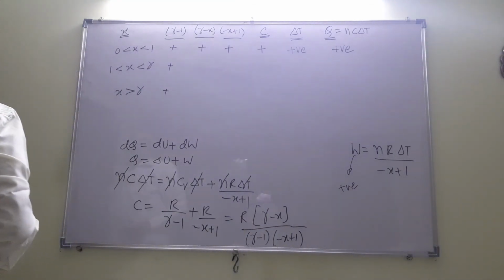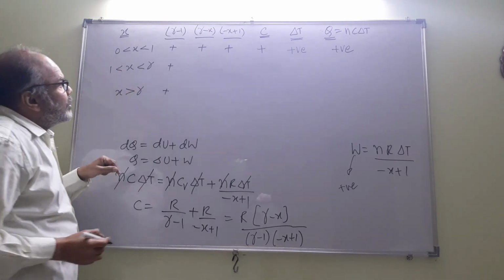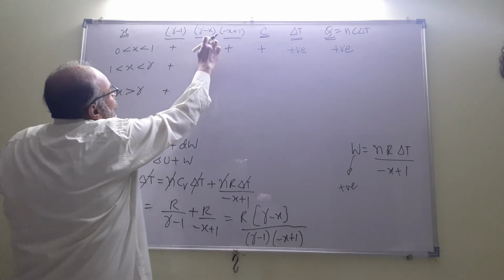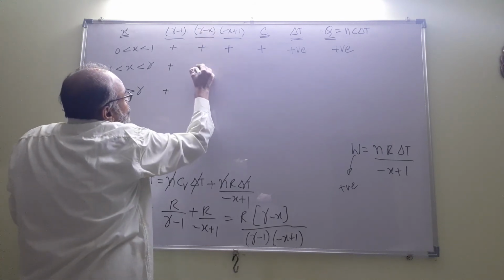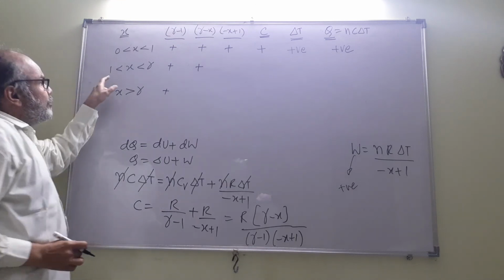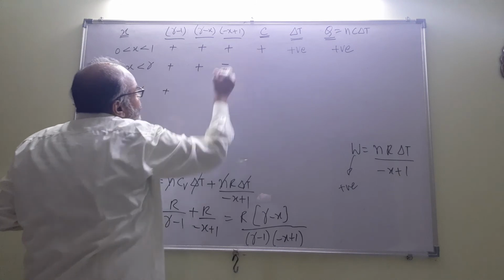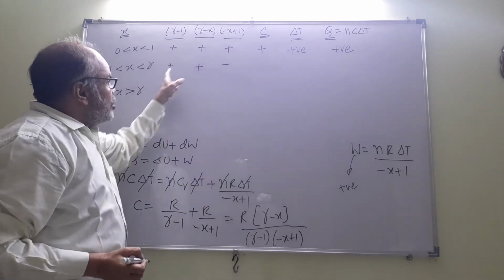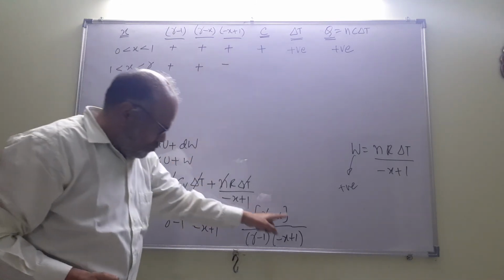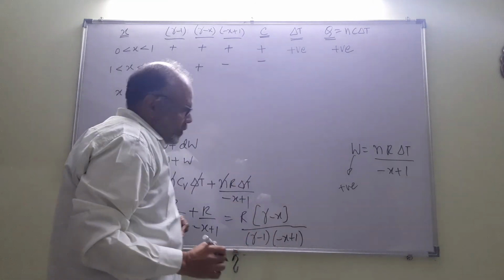Take the case where x is between 1 and gamma. If x is between 1 and gamma, this quantity is going to be positive because x is less than gamma. This quantity, minus x plus 1, will be a negative quantity. Since one of these factors is negative, the specific heat capacity will be negative.